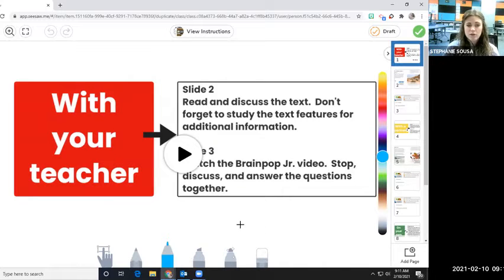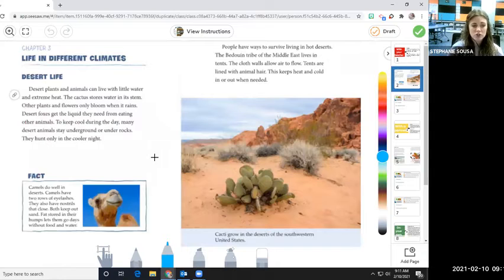Everything that you need, the text, the video, all of it is right here for you. It says with your teacher on slide 2, read and discuss the text. Don't forget to study the text features for additional information. Let's go ahead and go to slide 2. I'd like, if you would please, to have your highlighter ready. Go ahead and change it to your favorite color on the highlighter.